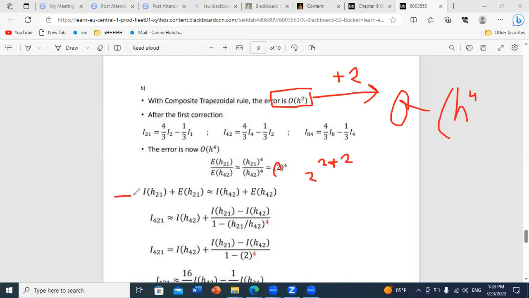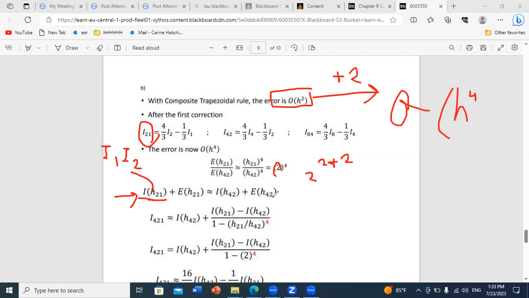We write, now we are using 2 consecutive integrals after the Richardson extrapolation. So h21, the integral using h21, this means it is the integral using I1 and I2. So it means I21. So I21 plus the error involved in I21 is equal to I42 plus the error involved in I42.